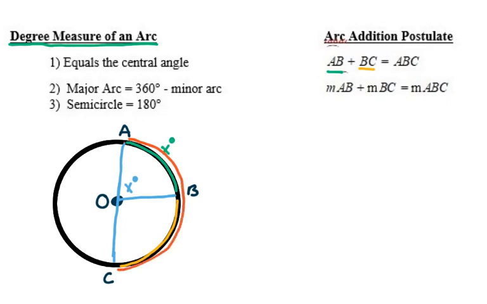Now be careful here because the order matters, and all of these are labeled as arcs with our arches above them. Now we can state it as the measure: the measure of arc AB plus the measure of arc BC is equal to the measure of arc ABC.